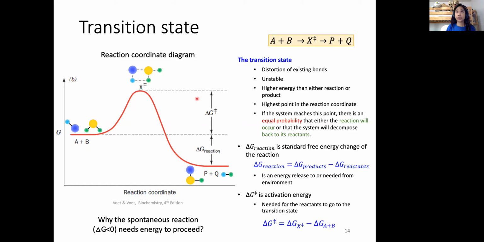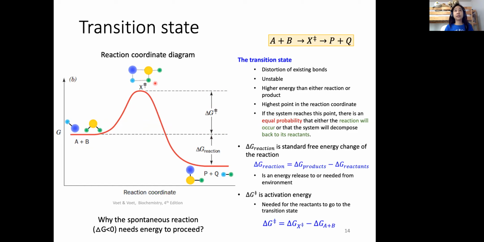So it is the difference between the energy of the transition state compared to the reactant. The higher the activation energy, the more difficult it is for the reactant to get to the transition state.